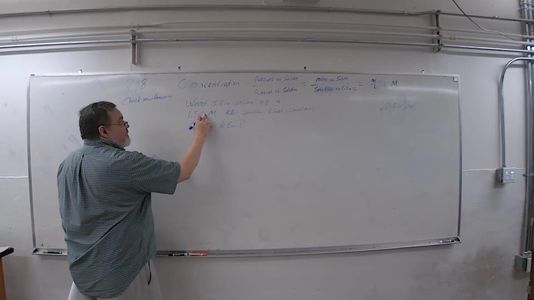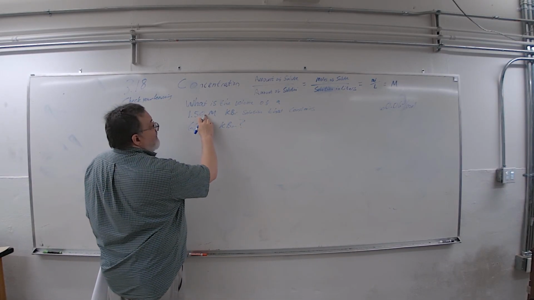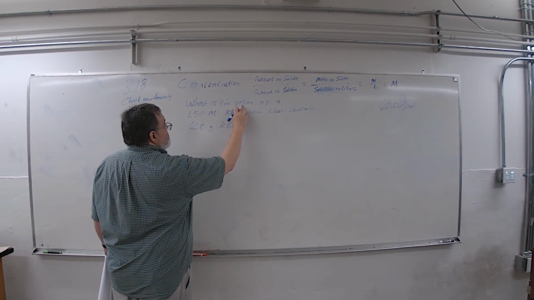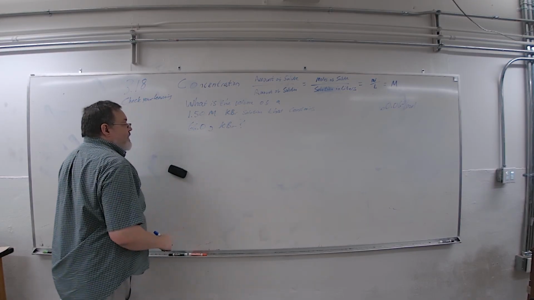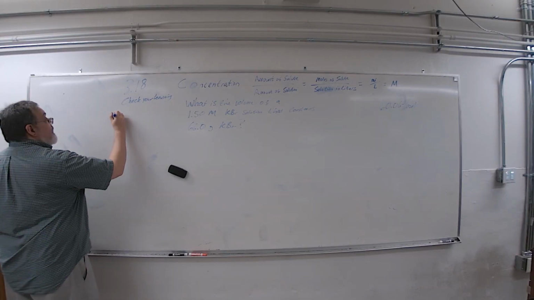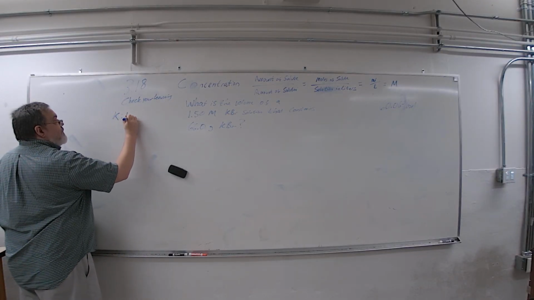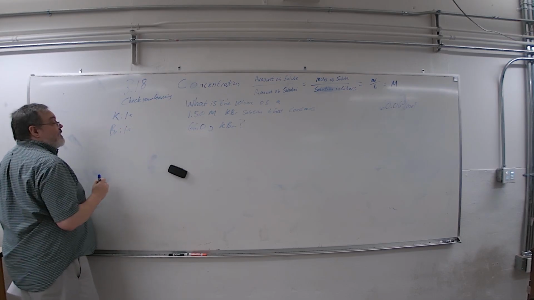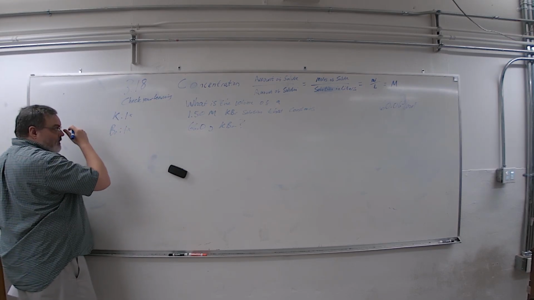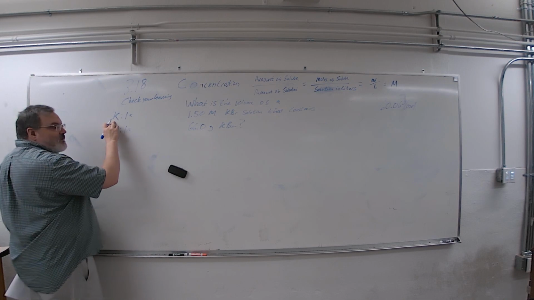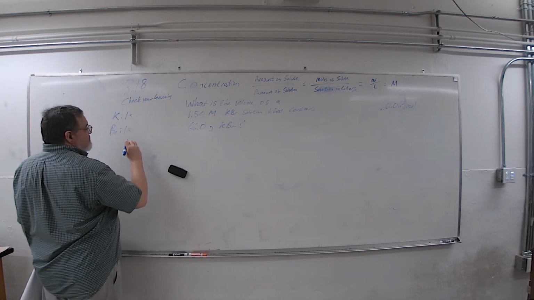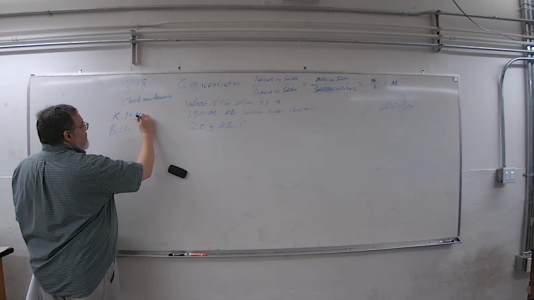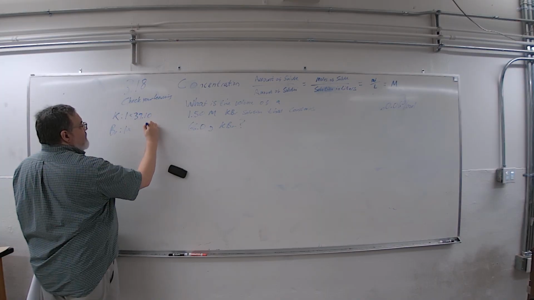This involves moles per liter. We're asked for liters. We're given grams. We're going to need grams per mole for KBr. 1 K, and there's 1 Br. What does the periodic table tell you? K is on the left. 39.10.